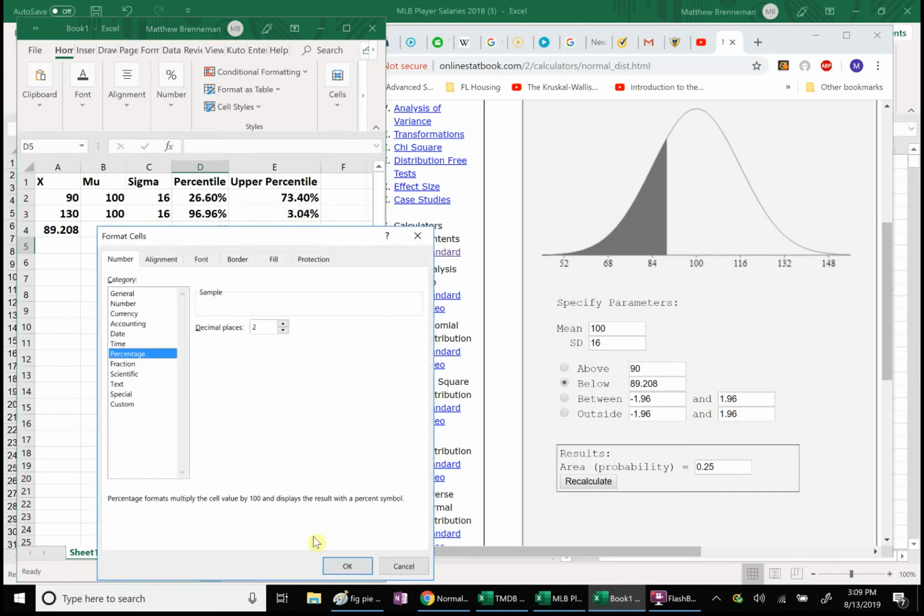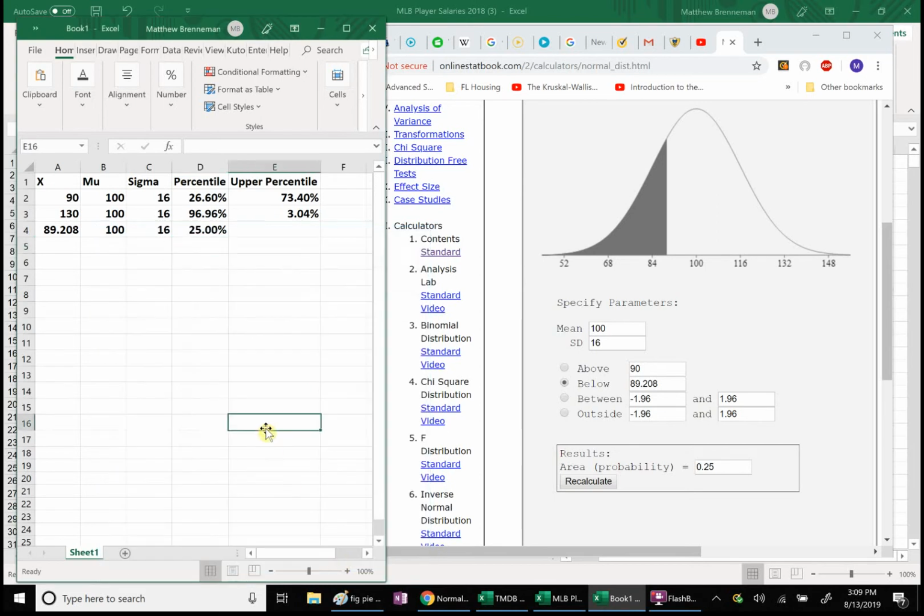Do that really quick. So let's say, for example, we wanted the person who's in the upper 25th percentile. Now we've got to be a little careful, right? Because the upper 25th percentile is what percentile? It's the 75th percentile, right? So now if I redid this calculation, I'm working with the same distribution, so the mean and the standard deviation are the same.